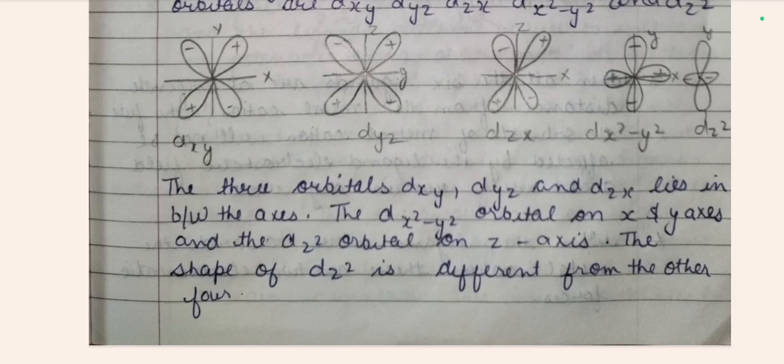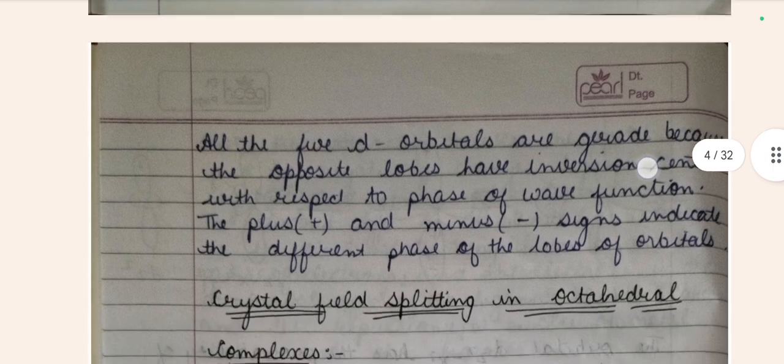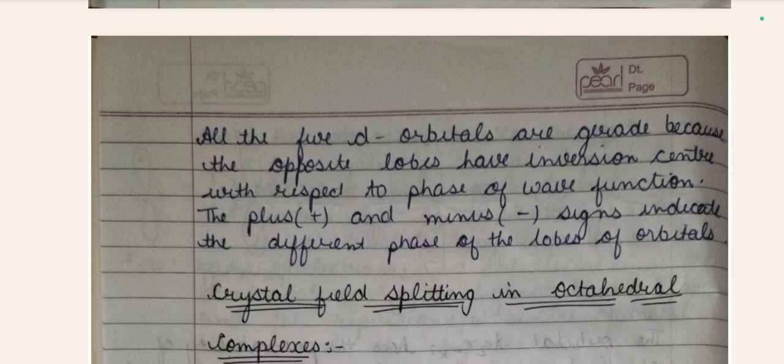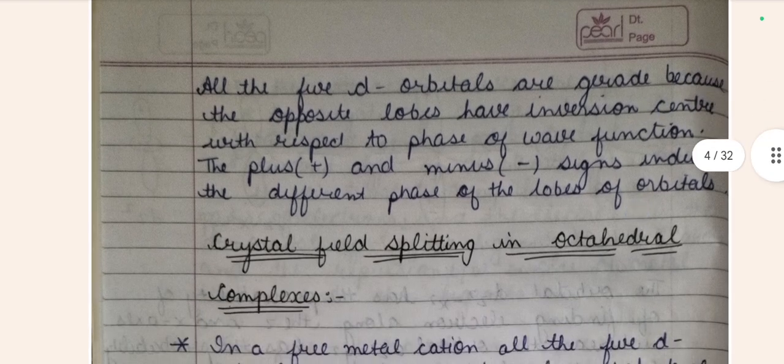The dx²-y² orbital lies on the x and y axes, and the dz² orbital on the z axis, and the shape of dz² is different from the other four. All the five d orbitals are gerade, because the opposite lobes have an inversion center with respect to the phase of the wave function. The plus and minus signs indicate the different phases of the lobes of an orbital.